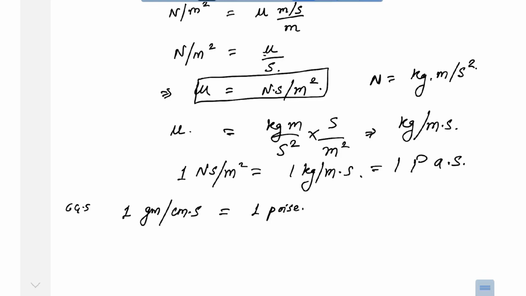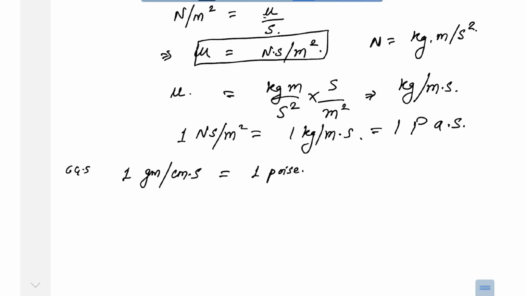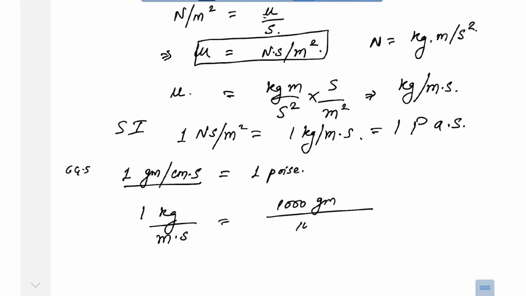If we want to derive the relation between the CGS unit and the SI unit of mu, 1 kg per meter second equals 1000 gram upon 100 centimeter into second.